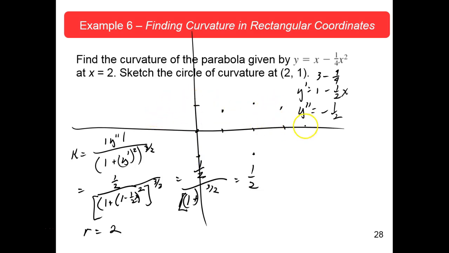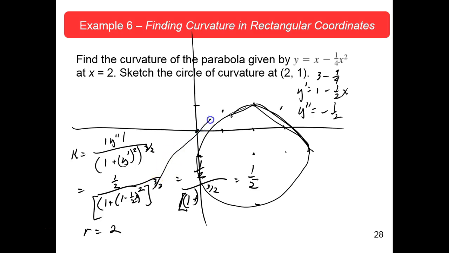And then your circle will go to there, to there, and to there. This is a pretty ugly sketch. Okay, something like that. And you see your parabola does something like this.